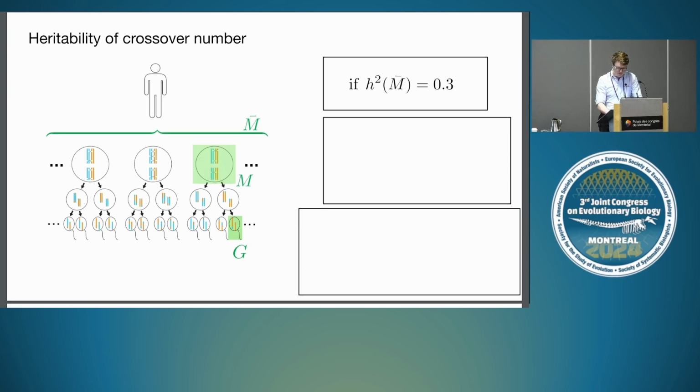If I now set the heritability of the mean crossover number to a more reasonable quantity like 30%, that's actually quite well to the high side of estimates that have been obtained, I now find that the heritability of crossover number in a randomly selected gamete is only 2%. Okay, and I want to stress that that is, amongst the kinds of phenotypes that we usually consider, a really, really small heritability.